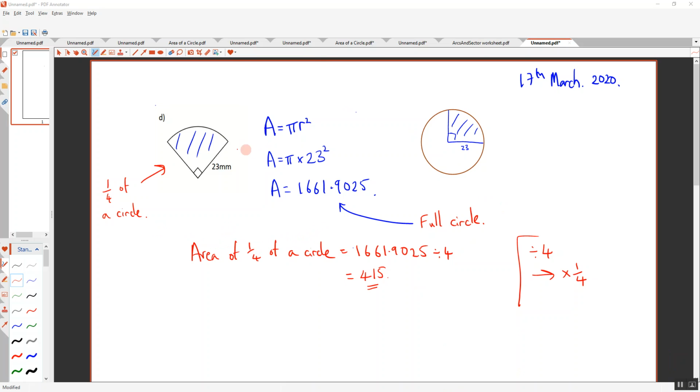All right, so that was for a quarter of a circle. Now, how do we know that this is a quarter of a circle? How do we know it's not slightly less than a quarter of a circle or slightly more than a quarter of a circle? Okay, well, why does the right angle tell you that it's a quarter of a circle? You're right. But why?